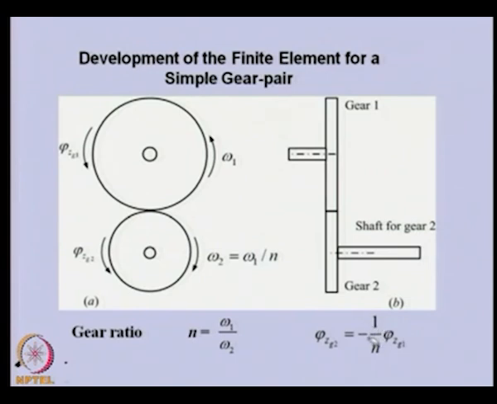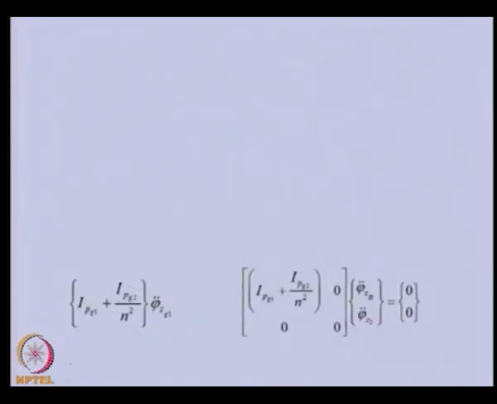Now, we will see the polar moment of inertia, the mass moment of inertia, of this gear corresponding to the angular displacement or the angular speed of the first gear. We have already seen that this can be obtained using an equivalent system like this.